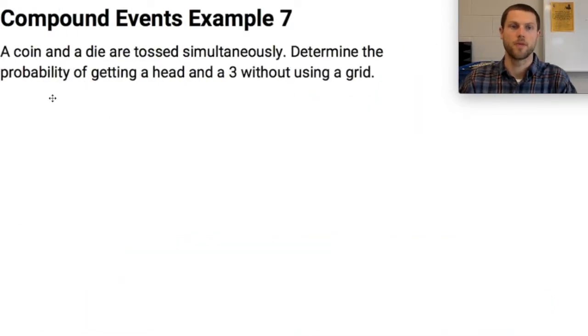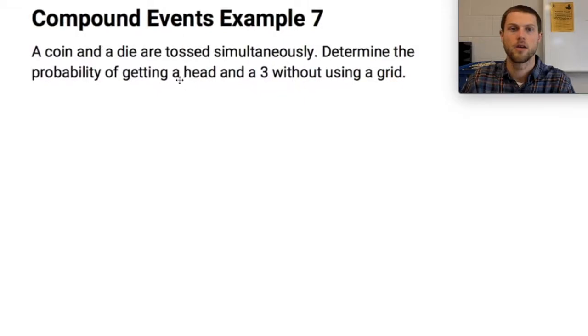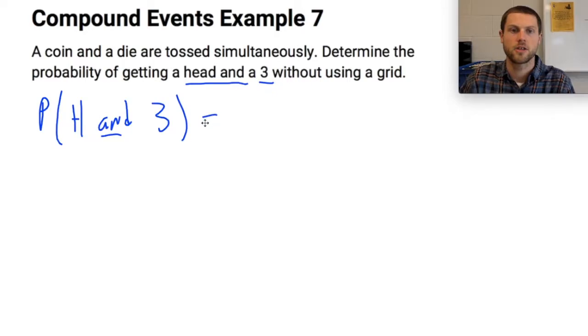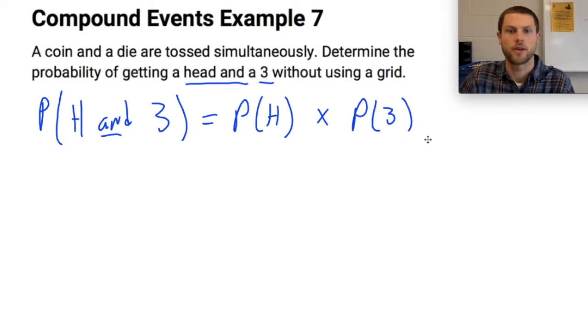So let's talk about an example of this. Here I have a coin and a die tossed simultaneously. I want to determine the probability of getting a head flipped and a 3 rolled. And I'm not going to use the grid. So basically I want to find the probability of a head and a 3, and that's going to equal the probability of flipping a head times the probability of rolling a 3.